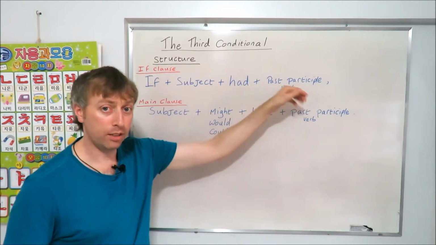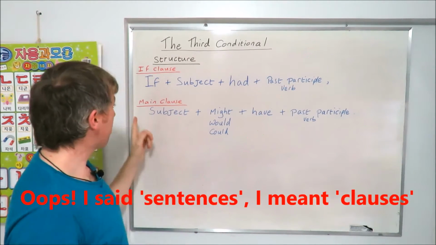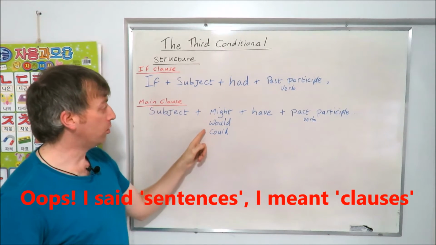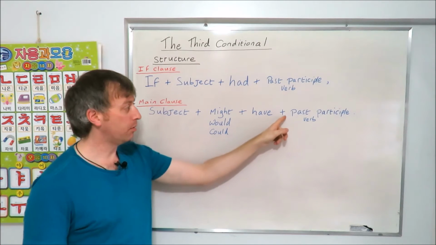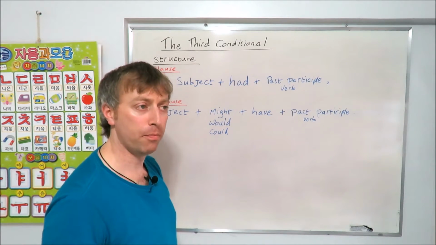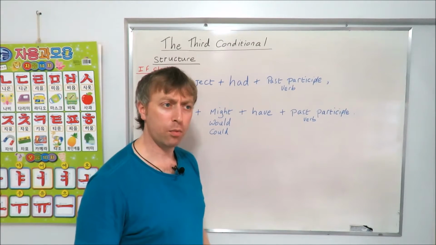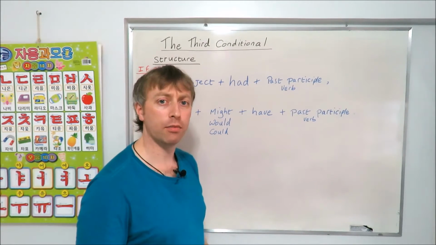We have a comma to separate the two clauses, and then we're on the main clause, which is subject plus might, would or could plus have plus a past participle of the verb. So now let's construct some sentences. That way you can see how they appear when they're written.